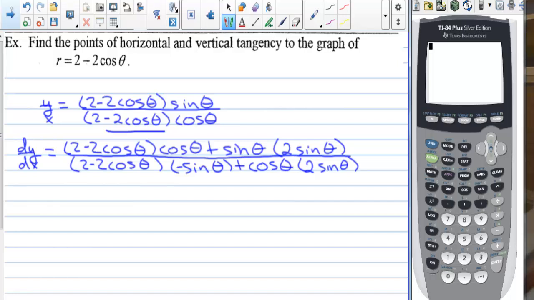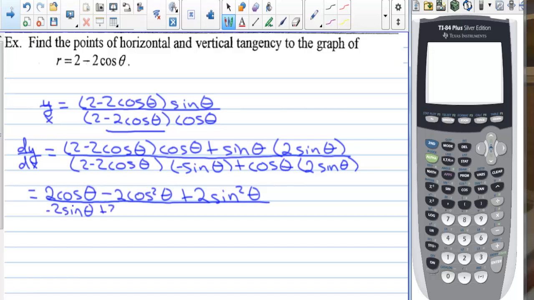And now let's do a little simplifying. We have 2 cosine of theta minus 2 cosine squared theta plus 2 sine squared theta, and then all over, when we do the distributive property, we get negative 2 sine theta plus 2 sine theta cosine theta, and then plus 2 sine theta cosine theta.